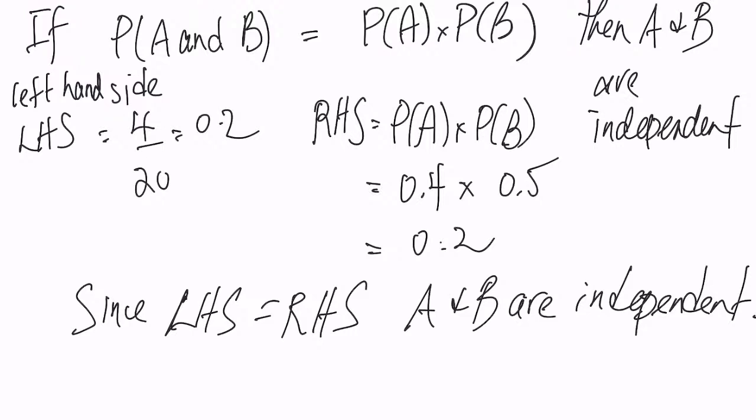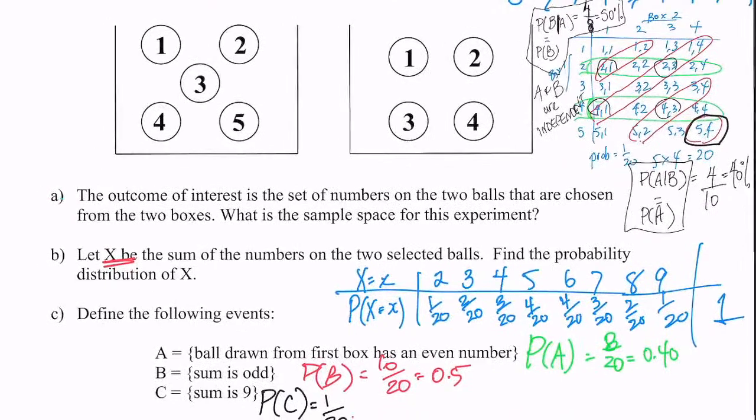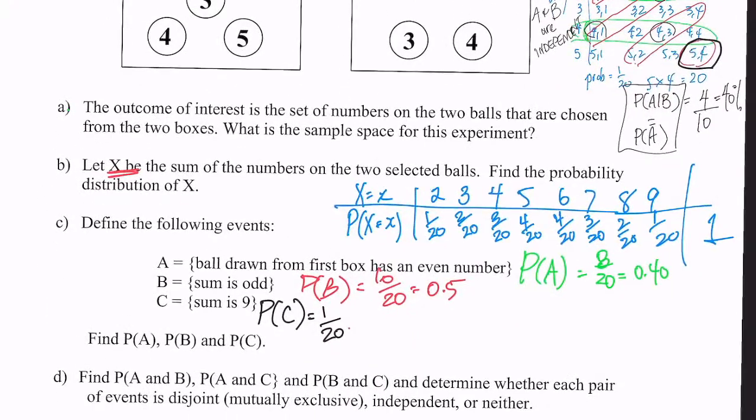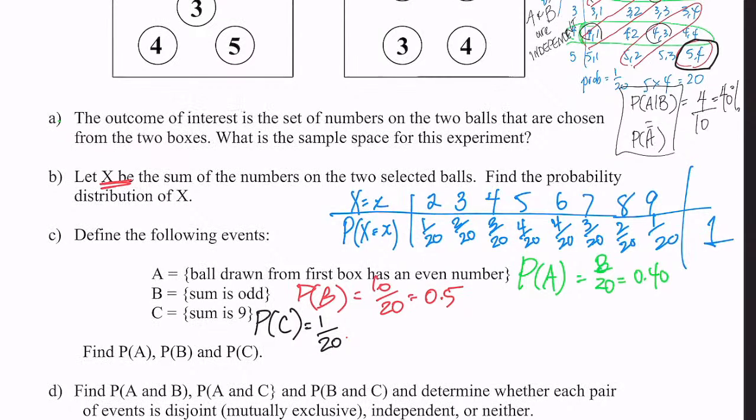So take a screenshot so I can go back. And let's answer the last questions. What about A and C? A was the green, right? And C was just the outcome sum is 9.